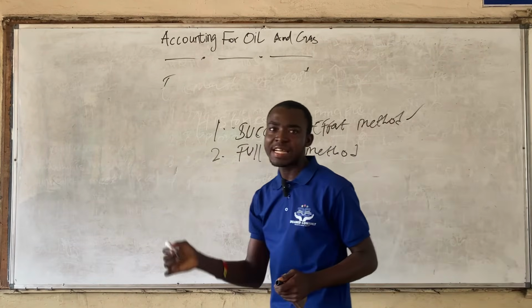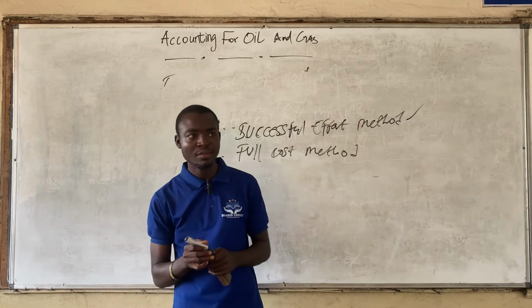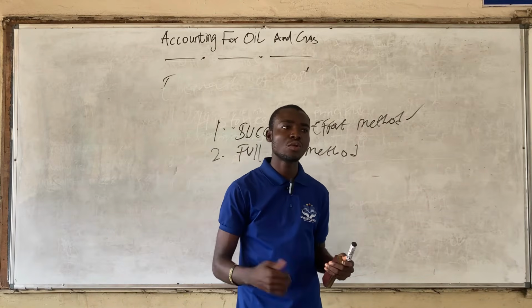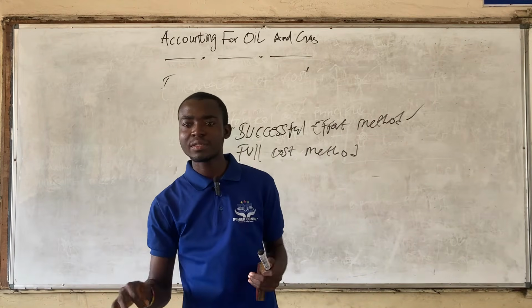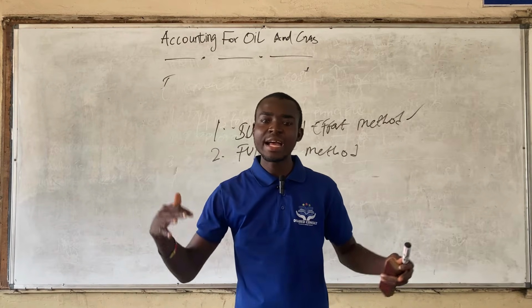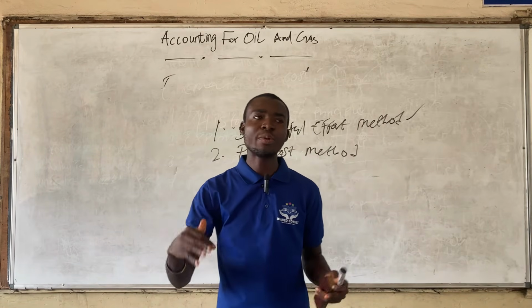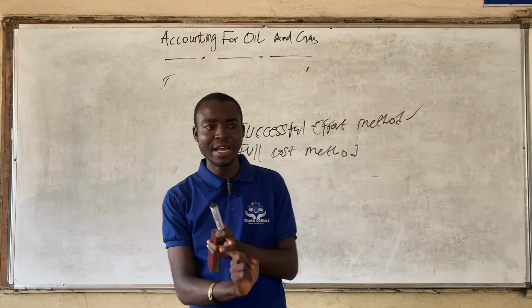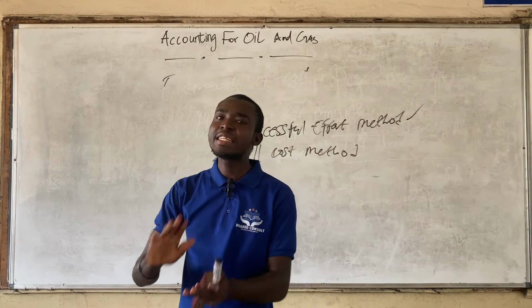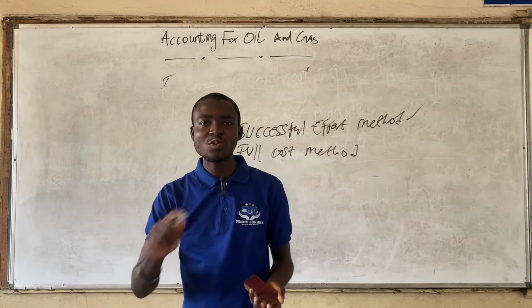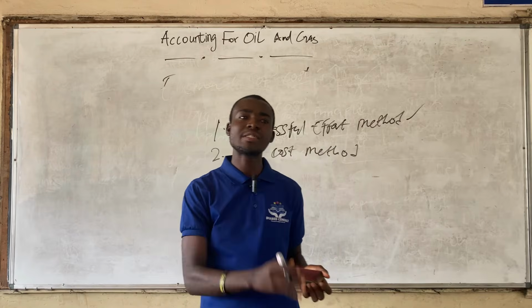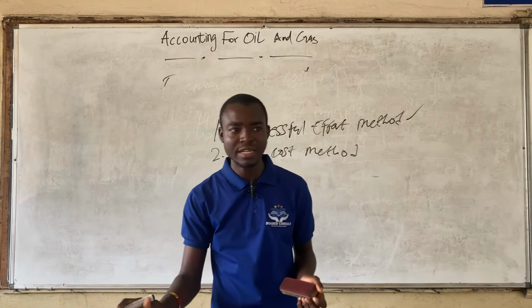So for successful effort method, it means that only direct cost, or cost that is directly associated with the asset, must be recognized or must form part of the cost of the asset. Any other indirect cost will be written off as an expense in the income statement at the end of the accounting year.